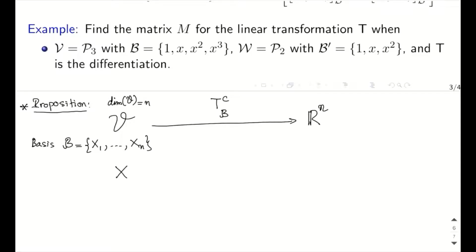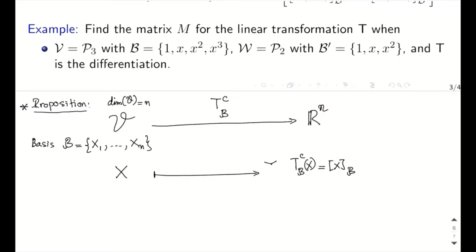What T does is that it is going to take a vector x and transform it into a coordinate vector with respect to the basis B. All right. So we are going to write T_CB applied on the vector x equals its coordinate vector. Previously, when we studied linear transformation, the vectors in the domain were usually denoted as x, and the vectors that we obtain in the target space would usually be denoted as y.